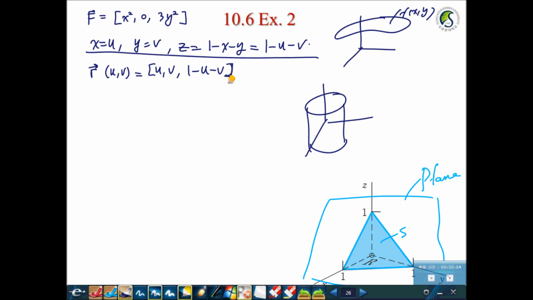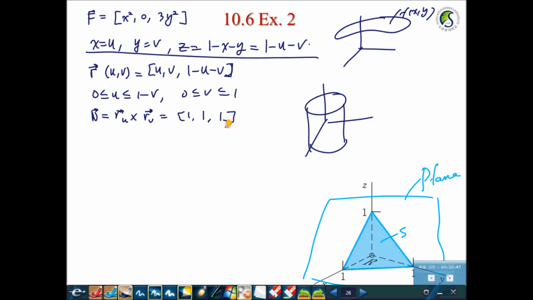Here u is up to 1 minus v, and v is 0 to 1. All you need to do is get the n vector, r_u cross r_v, which is (1, 1, 1) in this case.